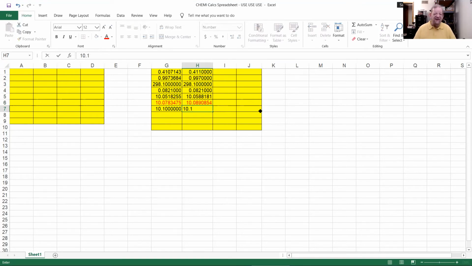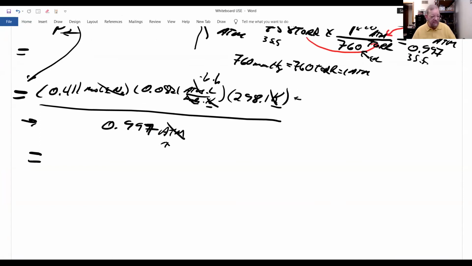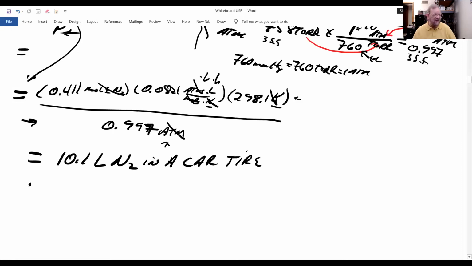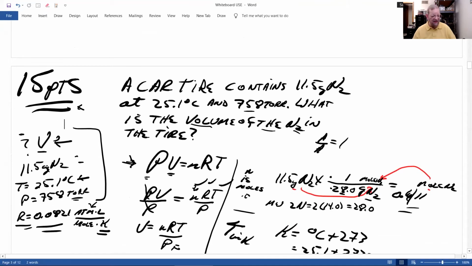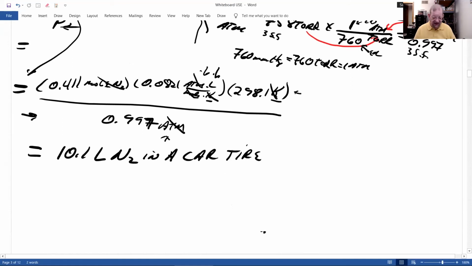So the answer is 10.1 liters of nitrogen in a car tire that contained originally 11.5 grams at these conditions, which is about what it is outside right now. And that's how you do it. Now, I'm going to go through this again to show you how I did it, because this is important.